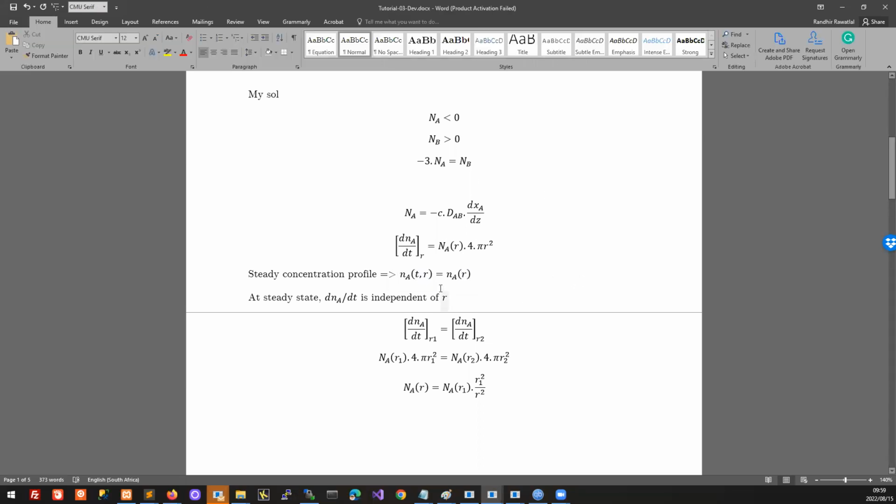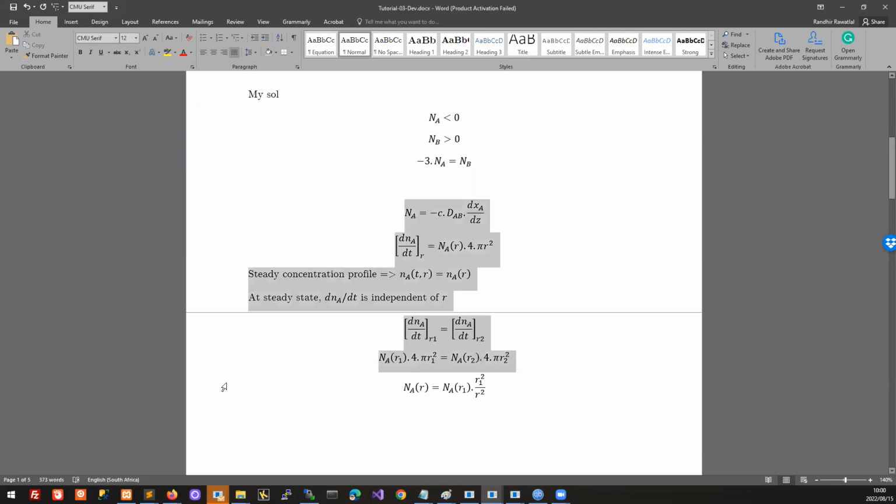So we are saying that the number of moles is changing in R, but it's not changing in T. And the only way for NA not to change in T is for dNA/dt to be fixed. So there's no change in the rate of change of NA.